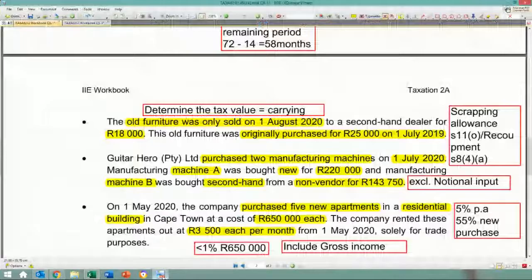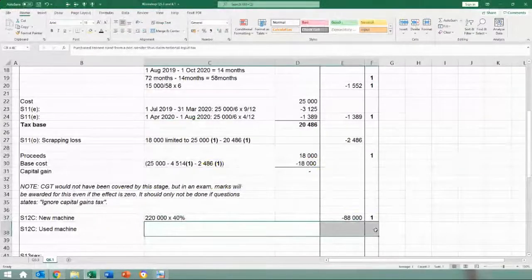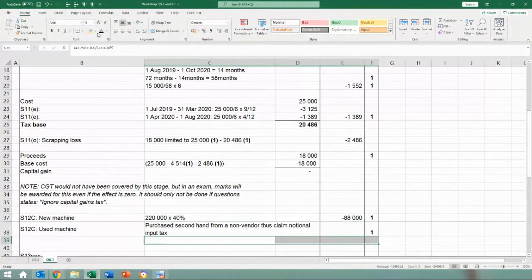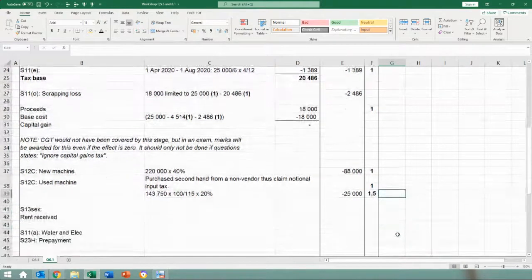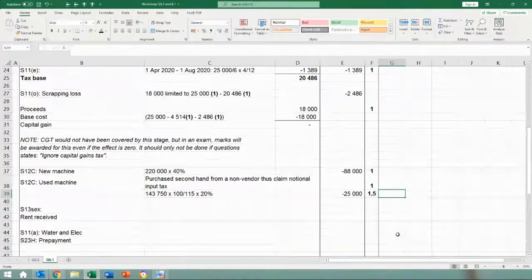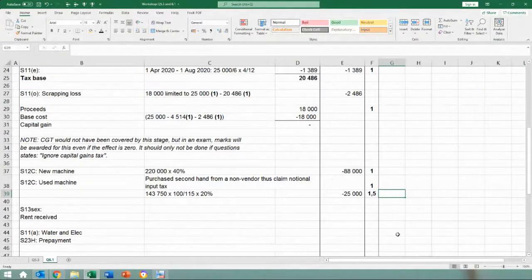For the used machine, what I said we need to note here is it is from a non-vendor, so there is notional input VAT included in that amount. So we first have to take out the notional input VAT and then work out the calculation based on 20% to get to the deduction you're allowed to deduct.